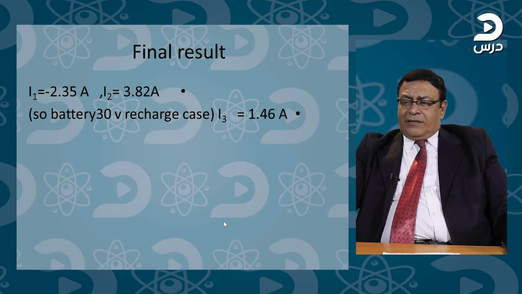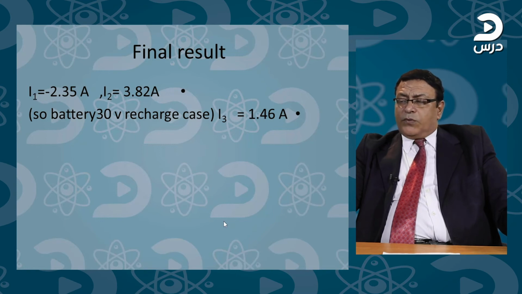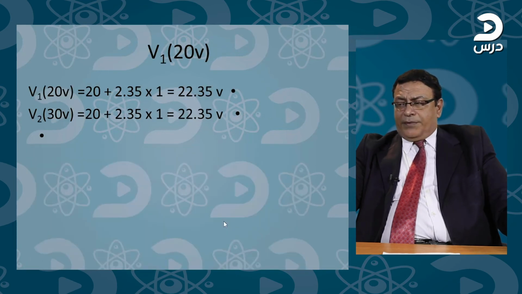is that I1 equal negative 2.35 ampere and I2 equal 3.82 ampere. So the battery 30 volt recharges, and I3 equal 1.46 ampere.